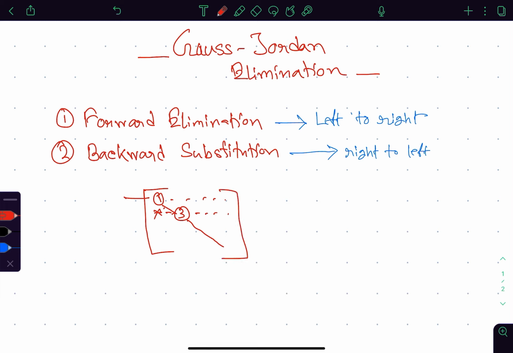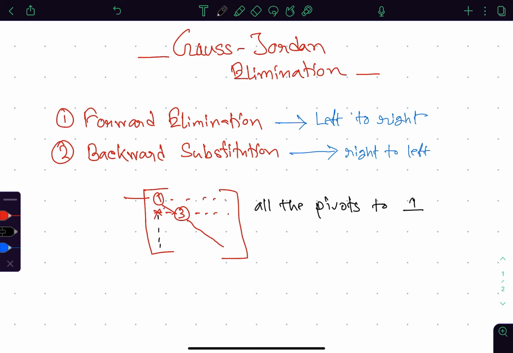So for forward elimination we need to make all the pivots 1. We need to make all the elements below the pivot in the same column 0.